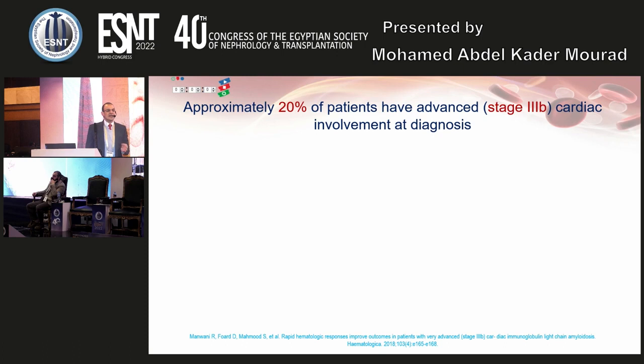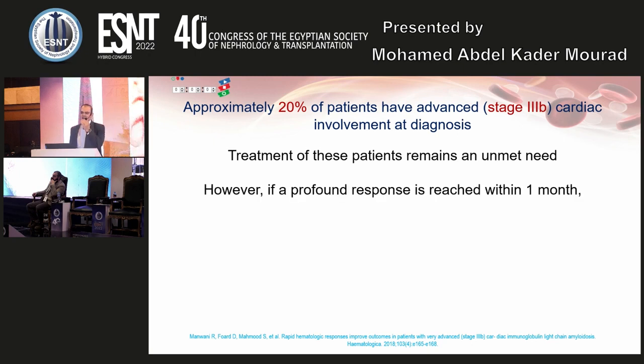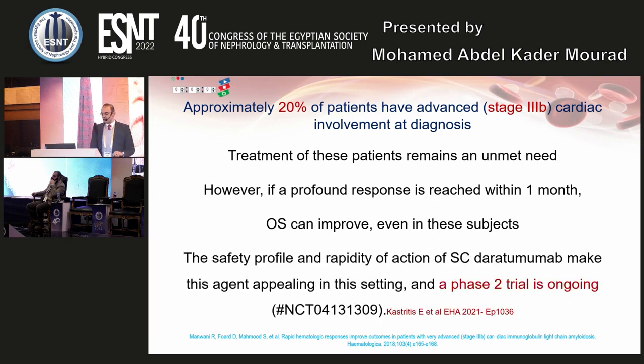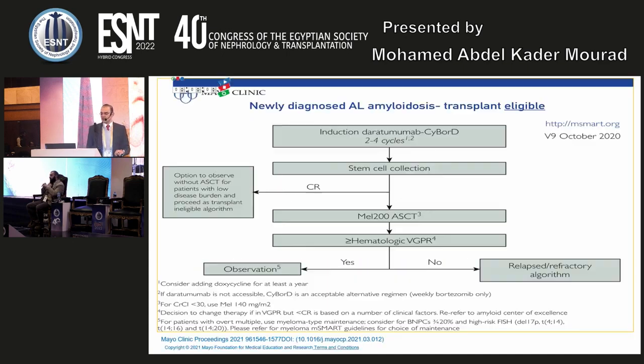But unfortunately, 20% of our patients are stage 3B, which is excluded from all trials till now. But if we attain a response as rapid as possible and as deep as possible, overall survival may be improved. And now there is an ongoing phase 2 trial that treats those patients with stage 3B with subcutaneous daratumumab injection.